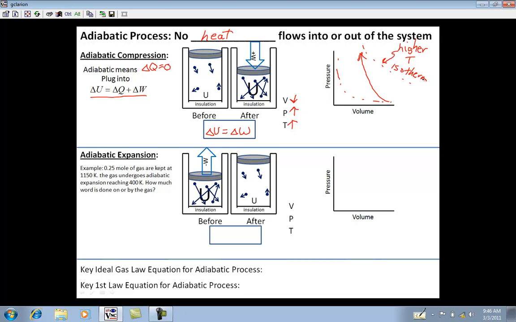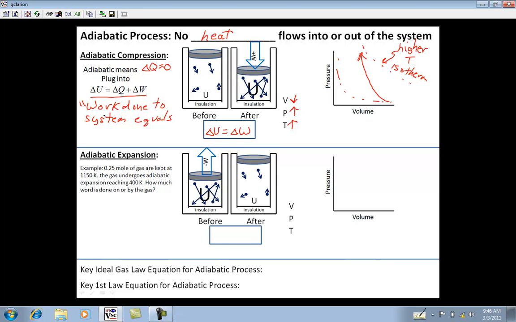Okay, so let's write down our statement for this. So this means that the work done to the system is going to be equal to what? Equals the change in internal energy.